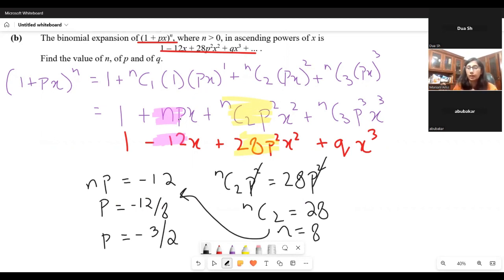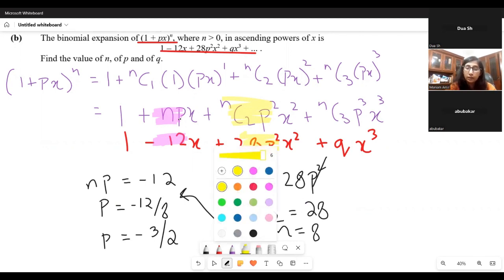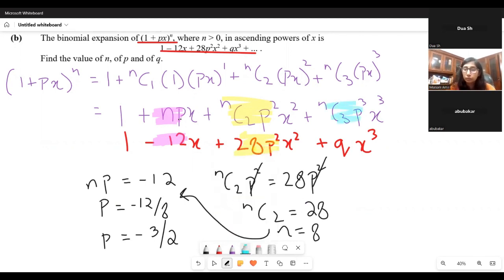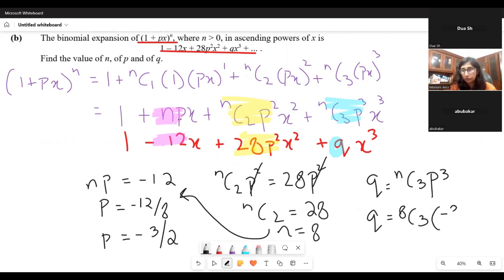Okay. And now all that's left to find is q, which we'll get by equating these two. So q equals nc3 p cube. q is 8c3, p is minus 3 upon 2 whole cube.